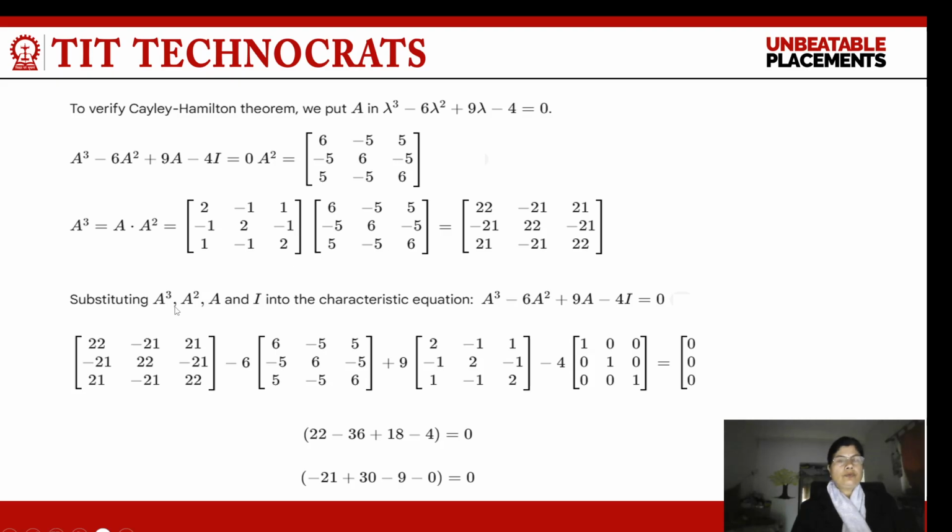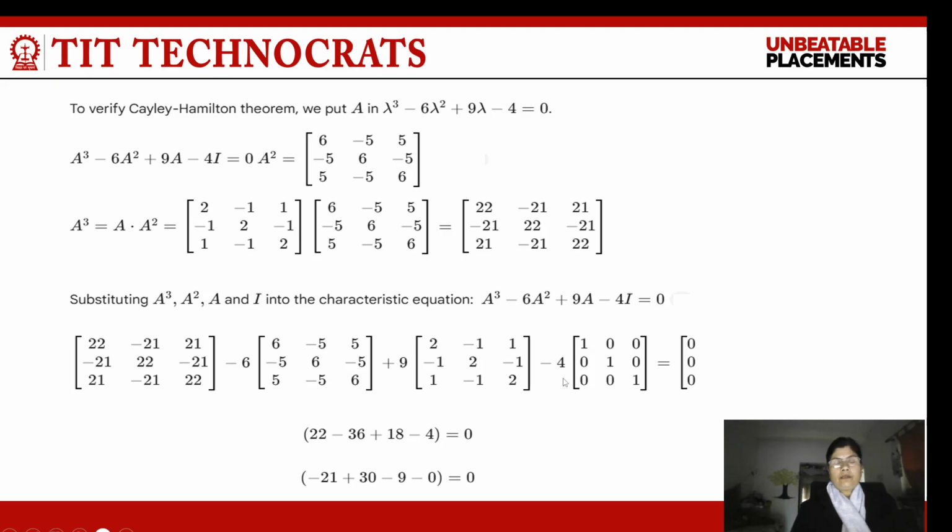Now substituting the values of A cube, A square, A and I into the characteristic equation, that is A cube minus 6A square plus 9A minus 4I is equal to 0. So we put the value of A cube, this is A square and this is A, and this is the unit matrix I is equal to 0 0 0.